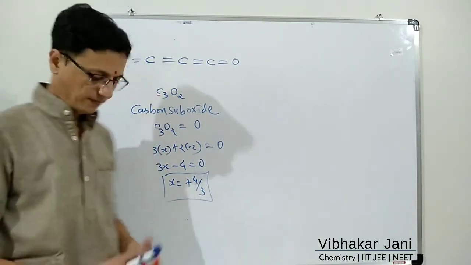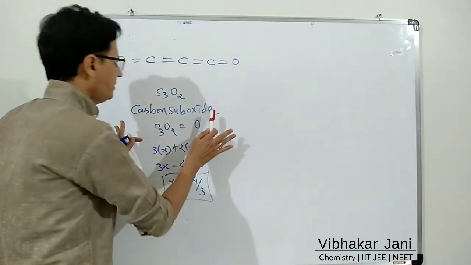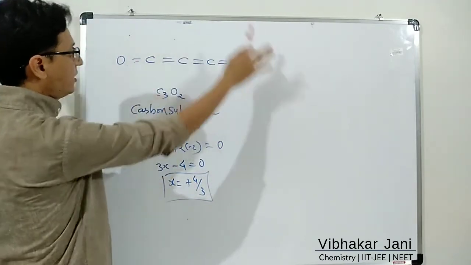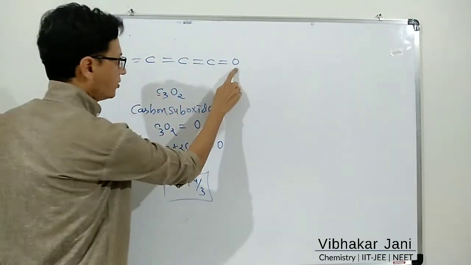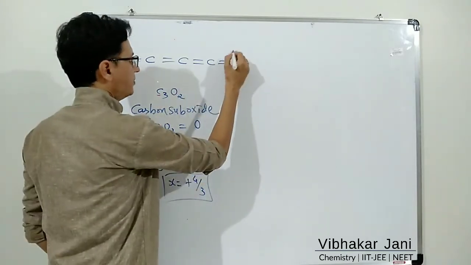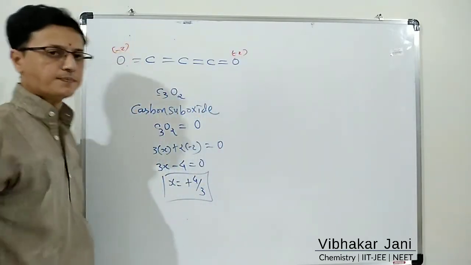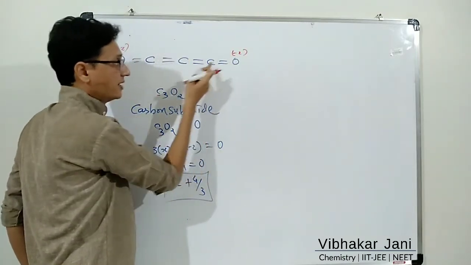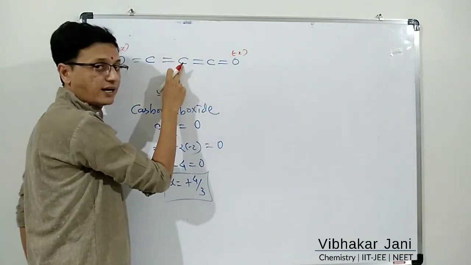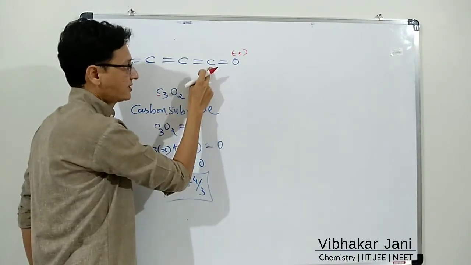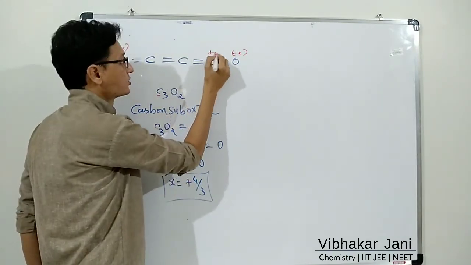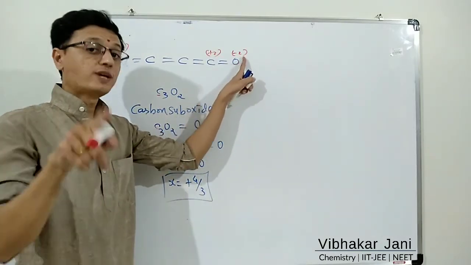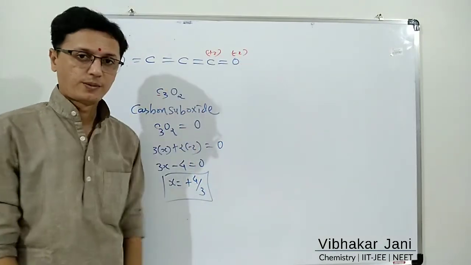They are in different oxidation states. Now let us count. It is very simple to count the oxidation state of any element from a structure. So here both oxygens must be in -2 oxidation state. And the carbon which is attached with oxygen and also attached with another carbon, in that condition, the oxidation state of this carbon will be plus 2. As this is minus 2, to neutralize it, carbon must be plus 2.